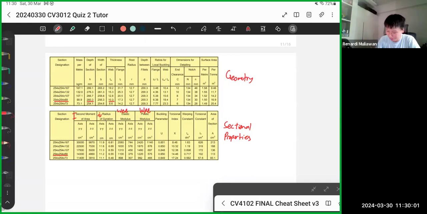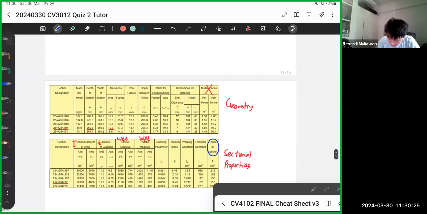The thing that people sometimes get wrong is actually the area, which is the simplest thing, because they are tricked by this. It's not the surface area. Be careful. The one that we use is the area of section. Don't get it wrong.